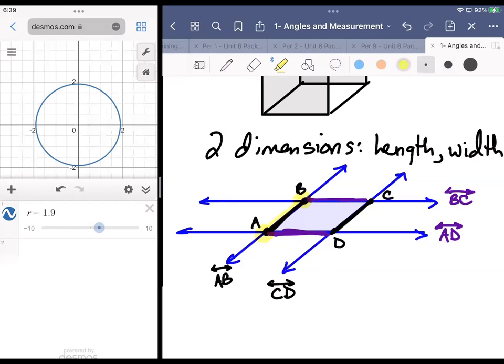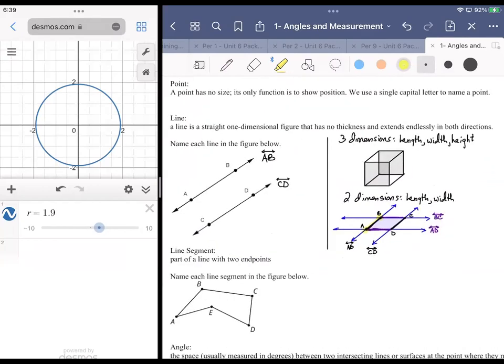That would be a line segment. Right? Part of a line with two endpoints. So it's actually pretty easy to name a line segment. And the line segment is just the figure itself, or the values that make up the figure itself, with a little line segment over here.